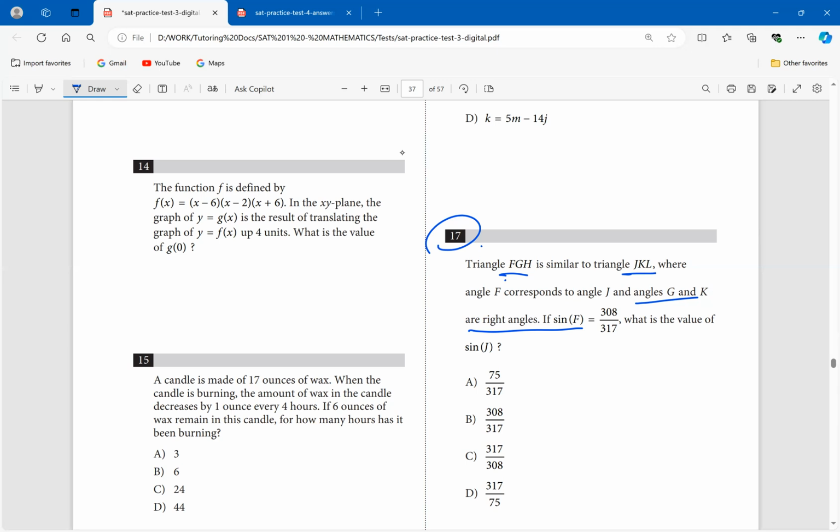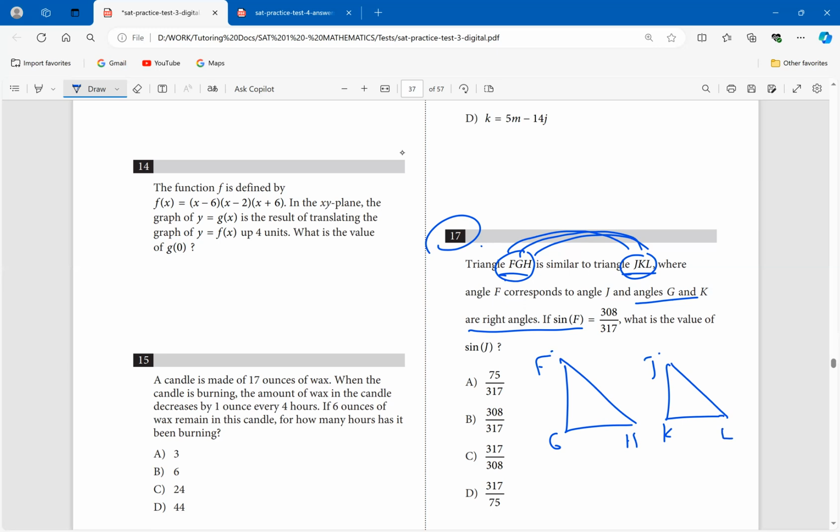So if triangle FGH is similar to triangle JKL, F would correspond to angle J, G would correspond to angle K, and H would correspond to angle L. Just assuming G and K are right angles, I'm trying to understand this question here.